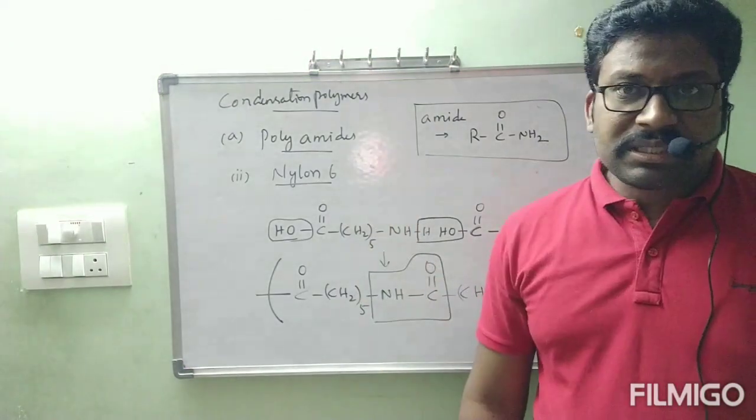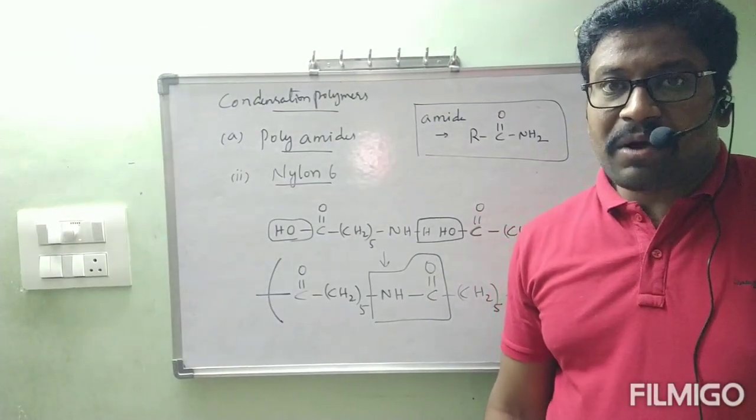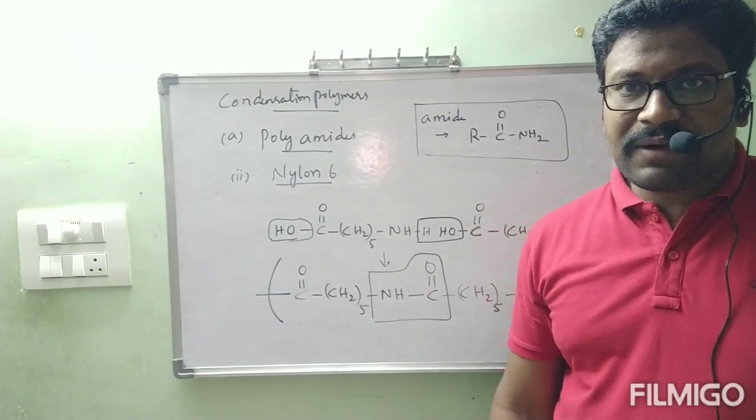Under condensation polymers, the A type is completed. That A type is polyamide. Next, the B type is polyesters. Let us see what about that polyester.